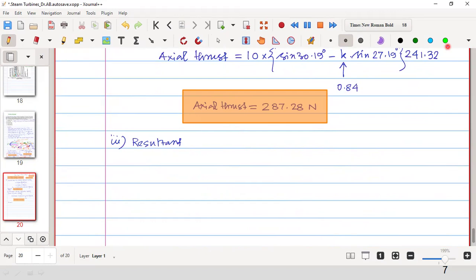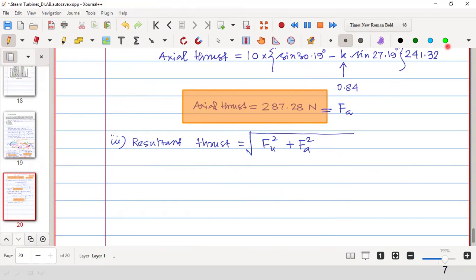Say if I give this a name, axial thrust is F in the axial direction, Fa. Then it will be basically the square root of Fu square plus Fa square.